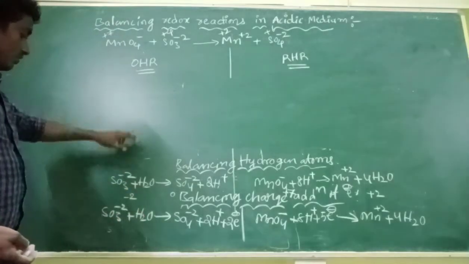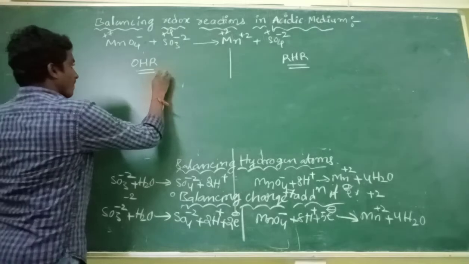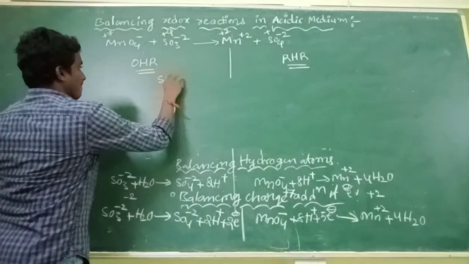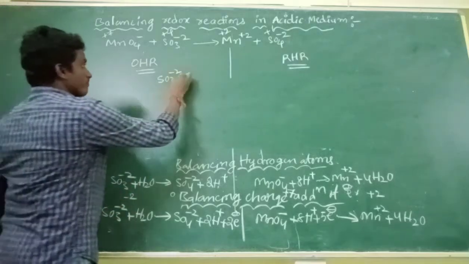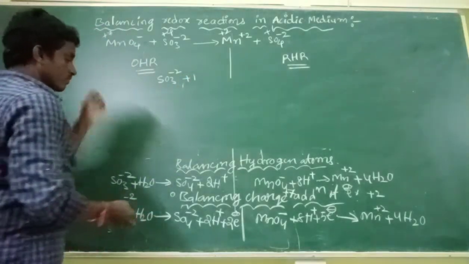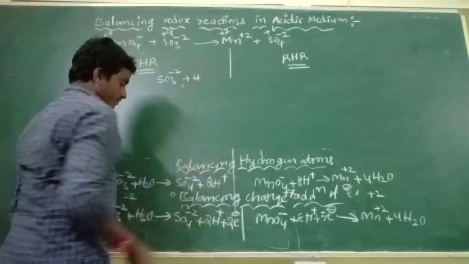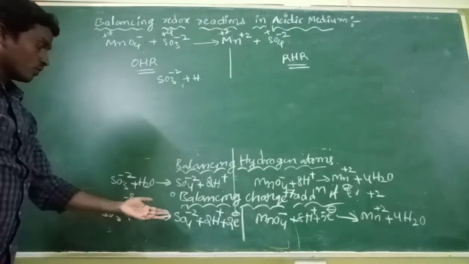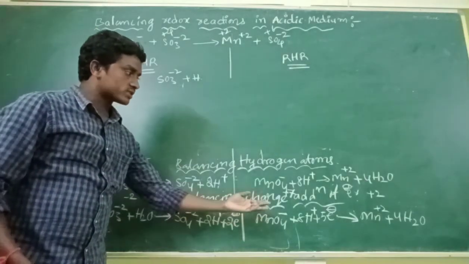So the balanced oxidation reaction is SO3 minus 2 plus H2O. First, we have to equalize the electrons on both sides.